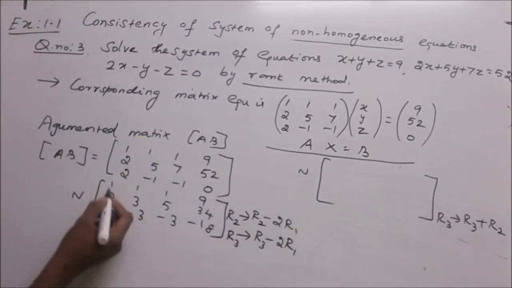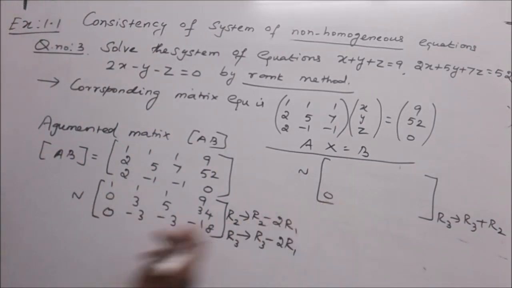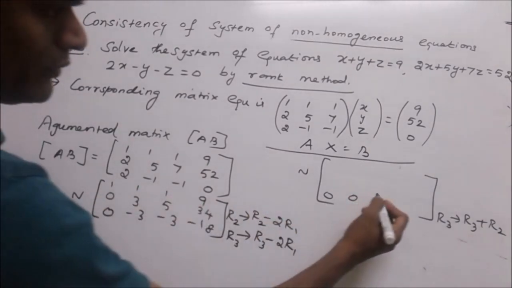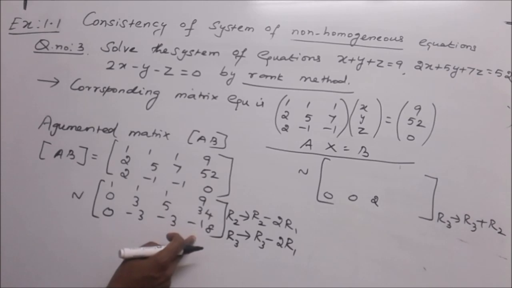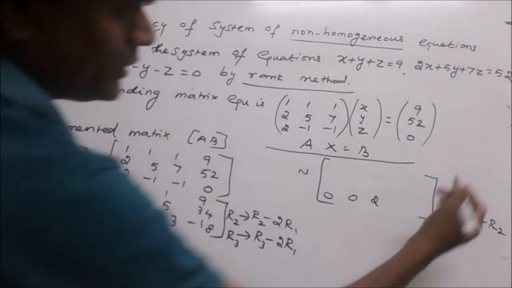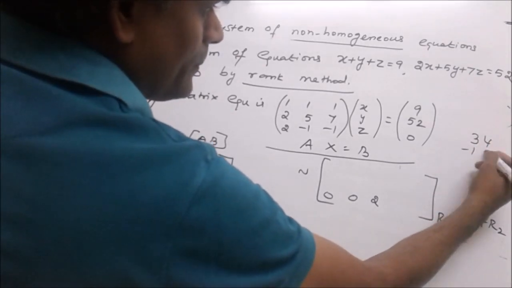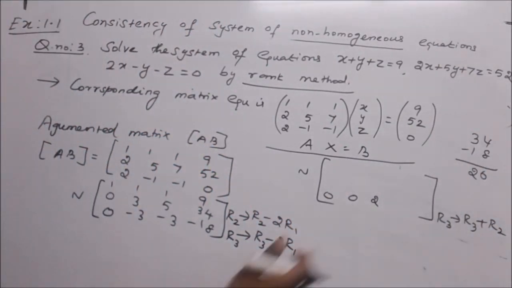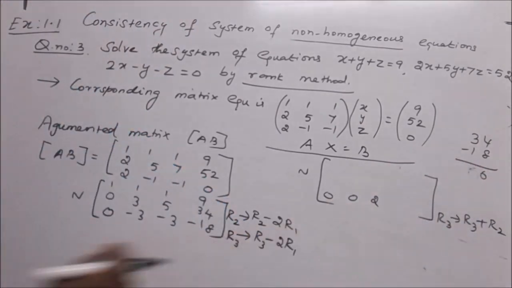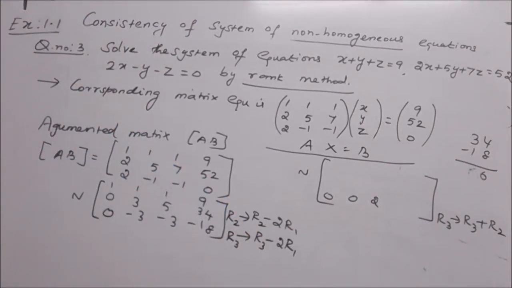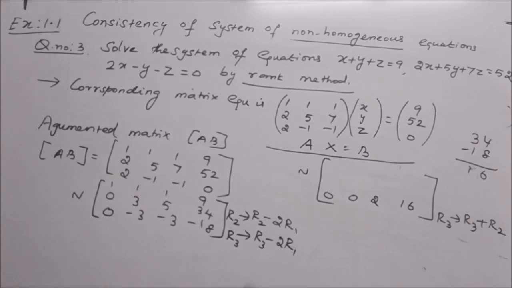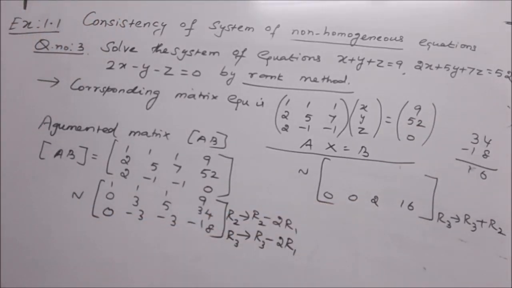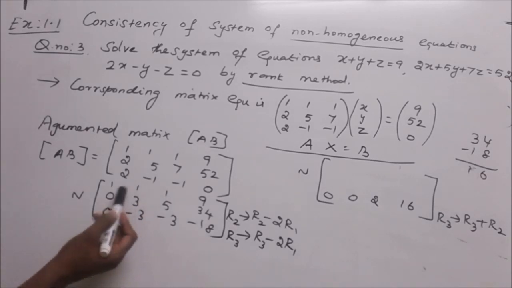This means adding these two: 0, minus 3 plus 3 is 0, minus 3 plus 5 is 2, and minus 18 plus 34, which is 34 minus 18, equal to 16. So the row is 0, 0, 2, 16.